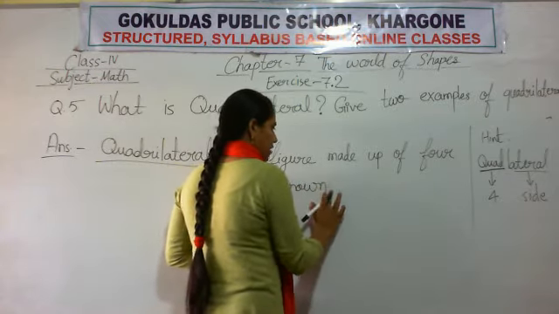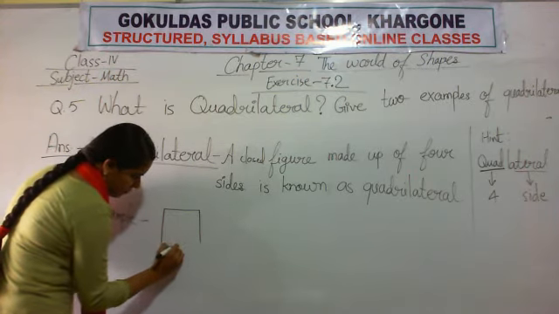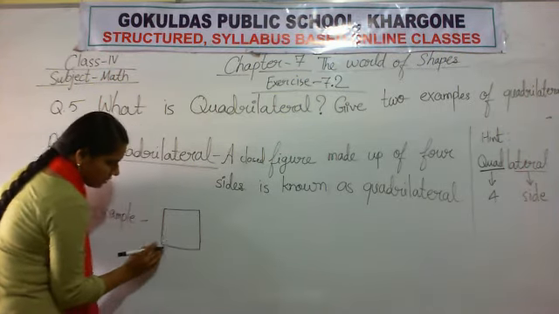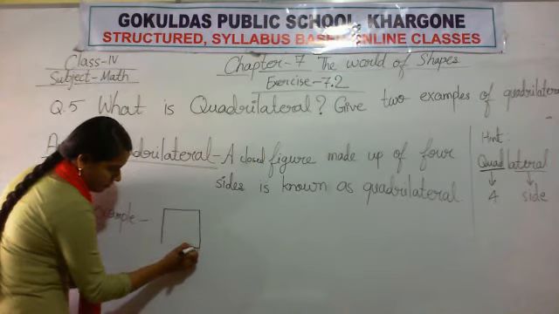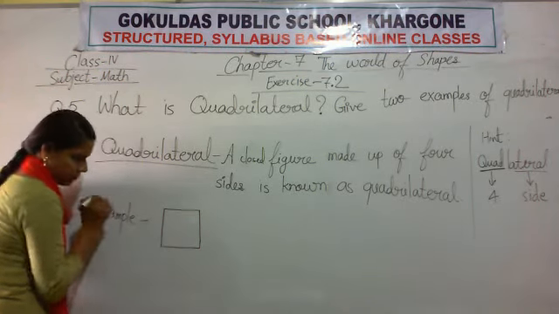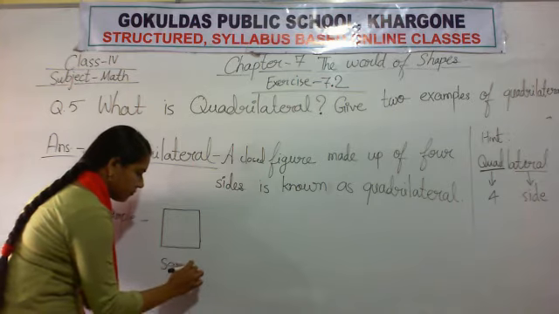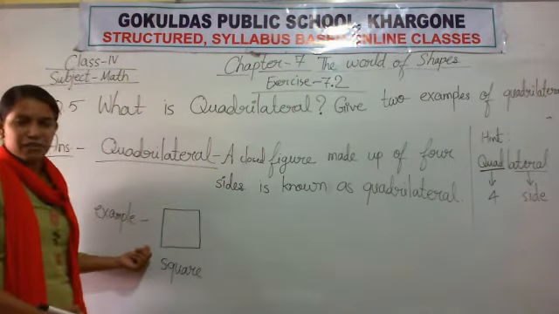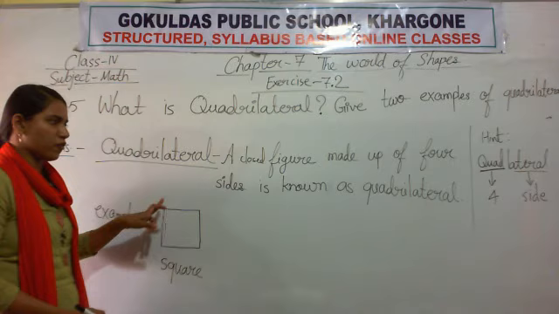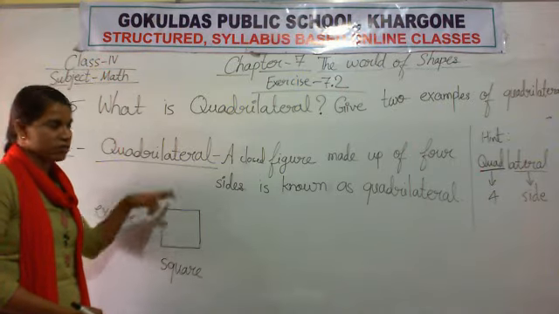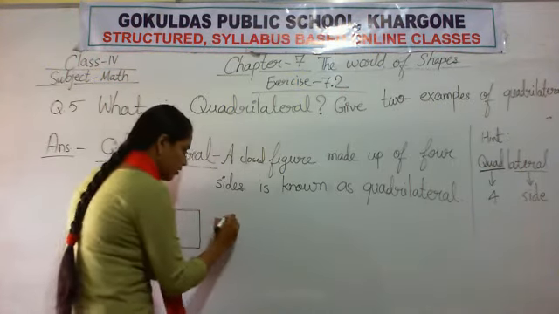We have discussed it a few minutes ago in our previous question. This figure is made up of four sides, right? It is a square. So a square can be an example because it is made up of four sides and it is closed. So it is a quadrilateral.